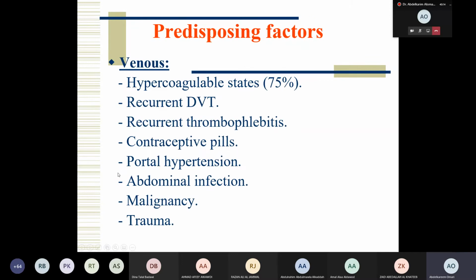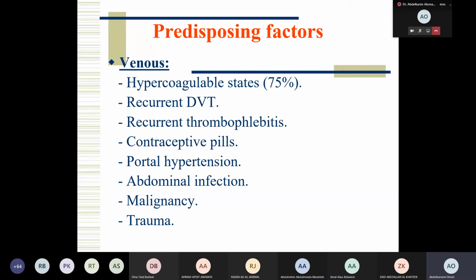Now, predisposing for the venous شباب hypercoagulable states. وهاي مشكلة. يعني في ناس genetics، في ناس races عندنا كثير، في ناس عندهم hypercoagulable states in 75%. recent DVT. لذلك أي مرة تيجي تقول لك أنا كان صار عندي جلطة بإجري، دير بالك، take care إنك تخدرها أو تسوي لها عملية ثانية. طيب الDVT، recurrent thrombophlebitis predisposing factors.